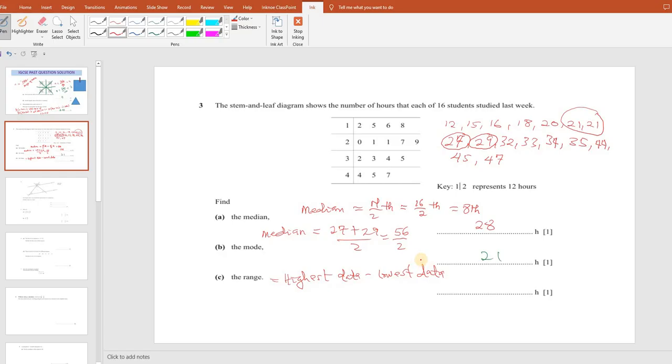The highest data here is 47, while the lowest data is 12. We subtract, then 35. So the range is 35.